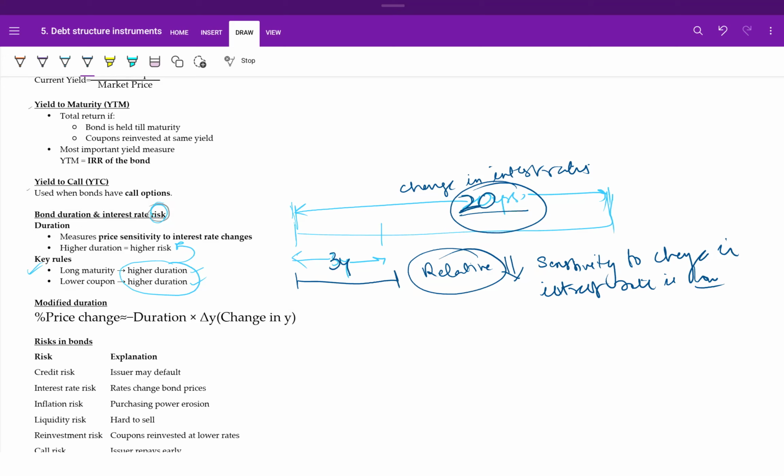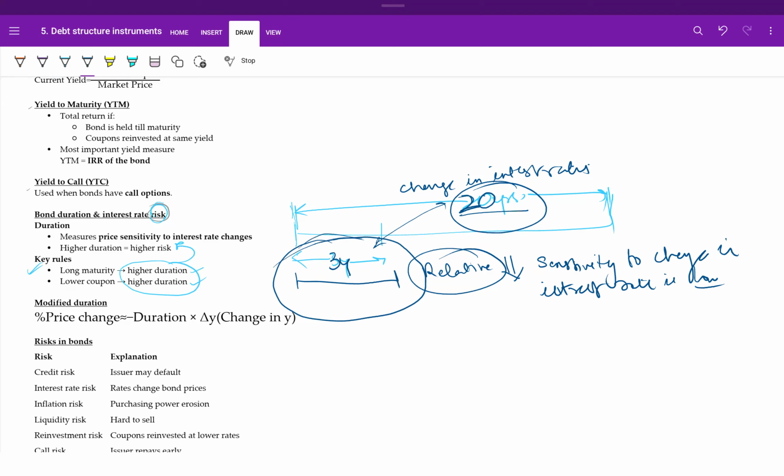You need something to compare with. That's why relativity. If you look at the 3-year bond, you do not have any parameters to compare it with, so you cannot make any assumption whether the risk is high or low. You always need the data to compare across.